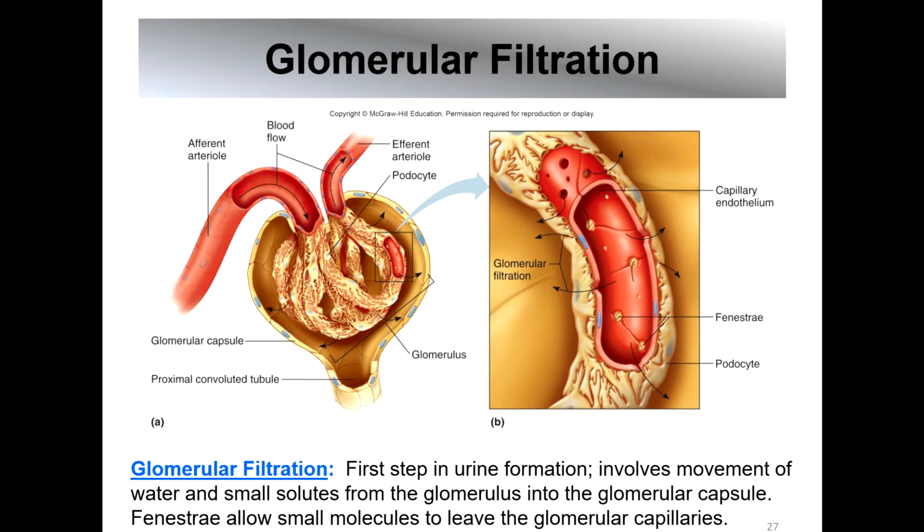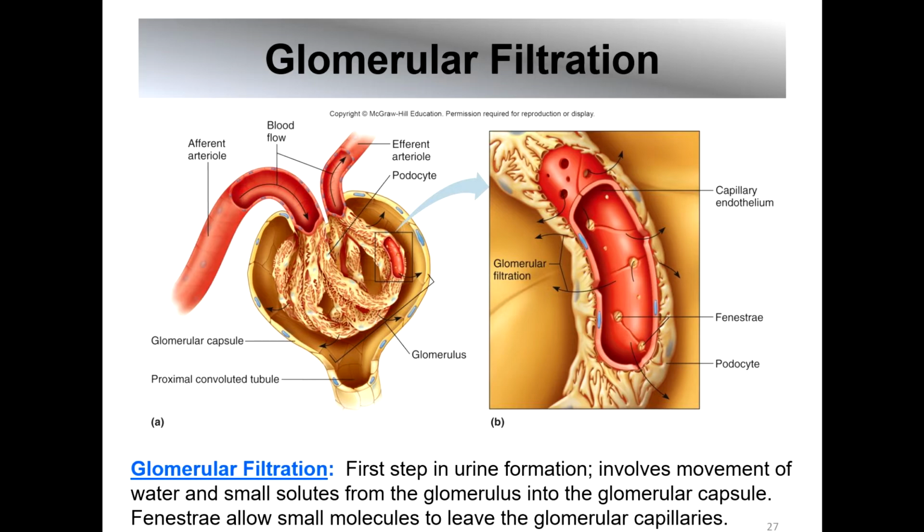And then you've also got the capsular hydrostatic pressure. The blood in the glomerulus is under pressure. But the filtrate out here in the capsule is also under pressure because this area is filled with fluid, and this fluid can only go one place, and that's out through the proximal convoluted tubule.